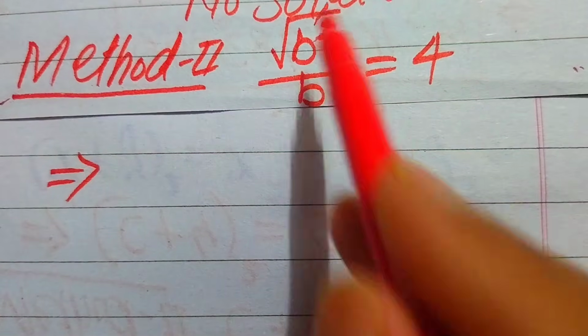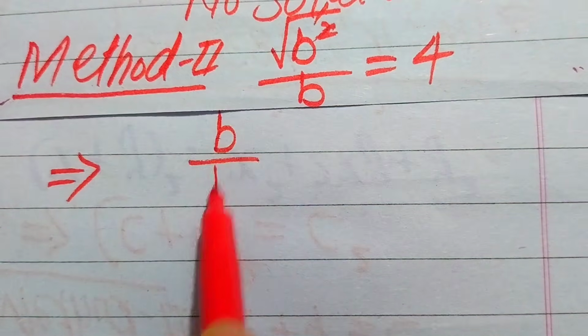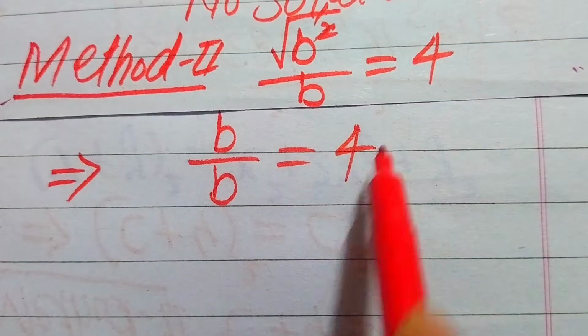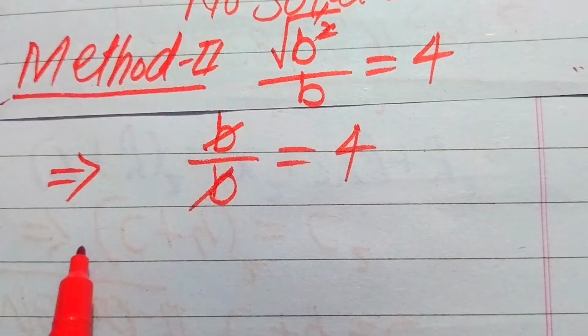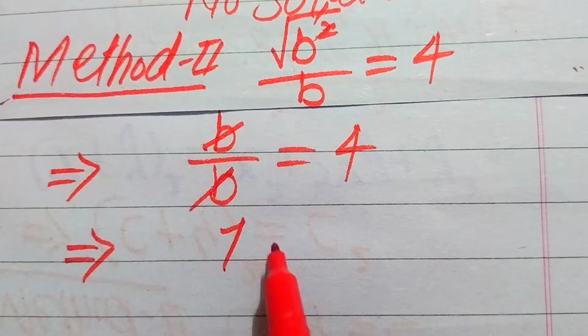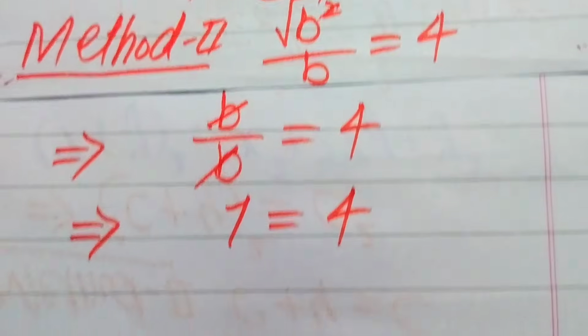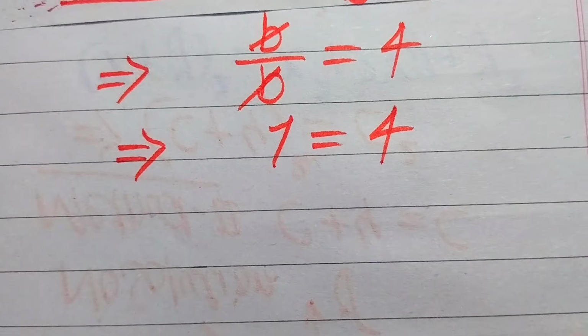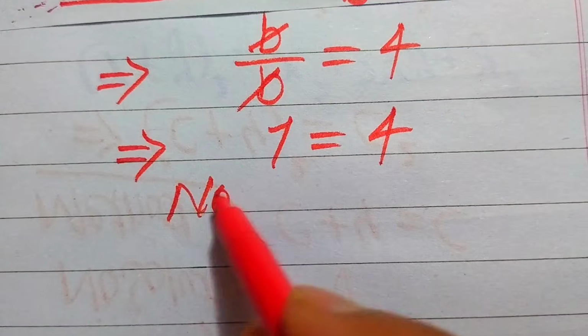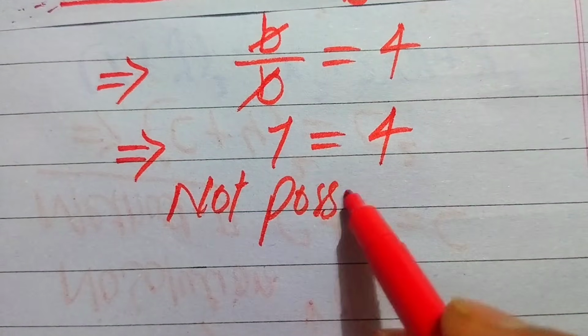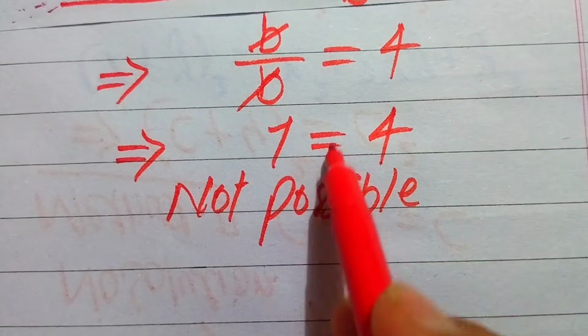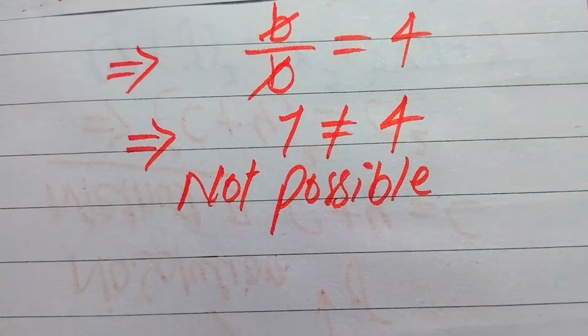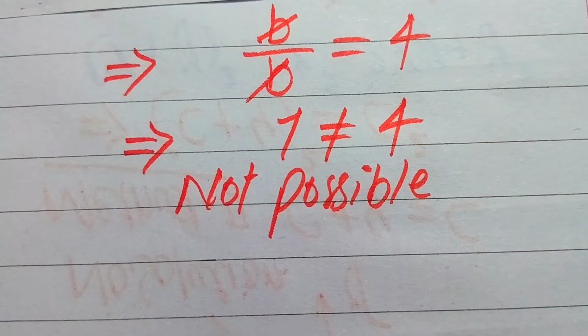You see that this 2 and this square root are gone, and we get b divided by b is equal to 4. Now this b and this b cancel out, and we get 1 is equal to 4. If 1 is equal to 4, this means that it is not a possible case. It is not possible that 1 is equal to 4, because these two values are not equal.